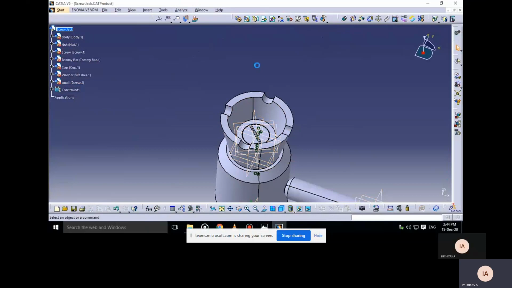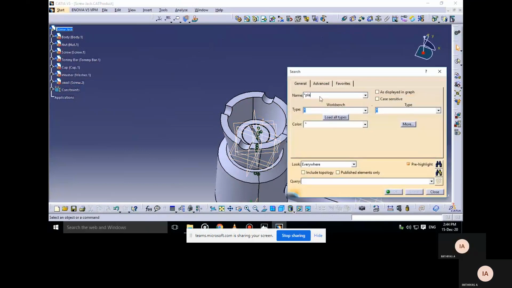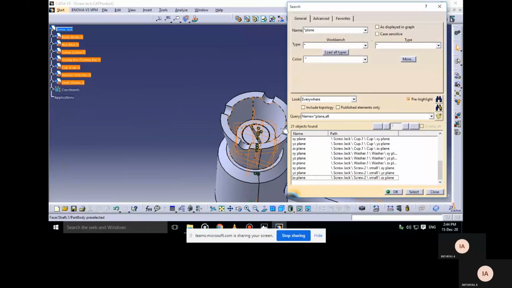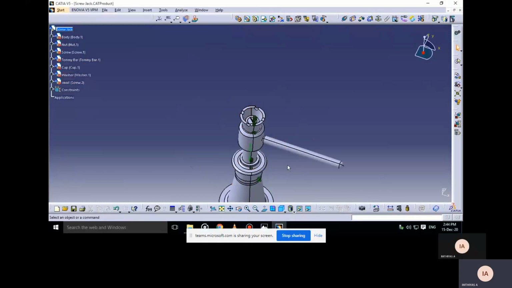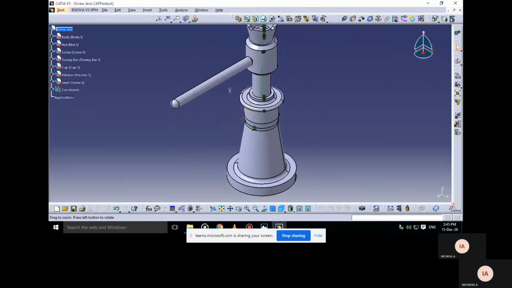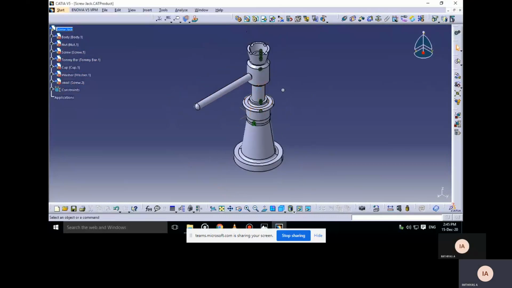This is the assembled view of the screw jack. We will hide all the different parts' planes, and the assembled screw jack looks like this, and we will save this part as screw jack.